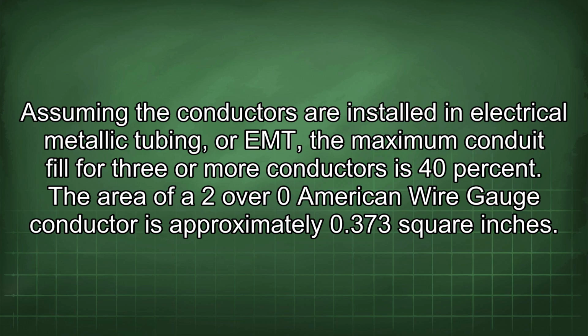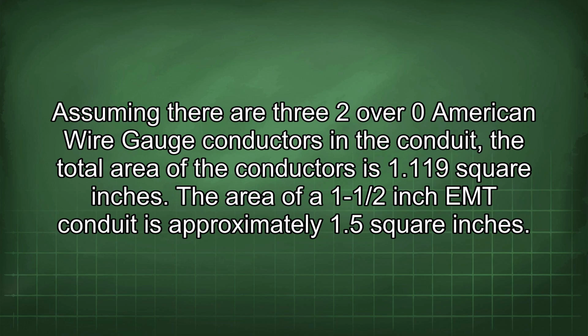0.373 square inches. Assuming there are 3 2/0 American wire gauge conductors in the conduit, the total area of the conductors is 1.119 square inches. The area of a 1/2 inch EMT conduit is approximately 1.5 square inches.